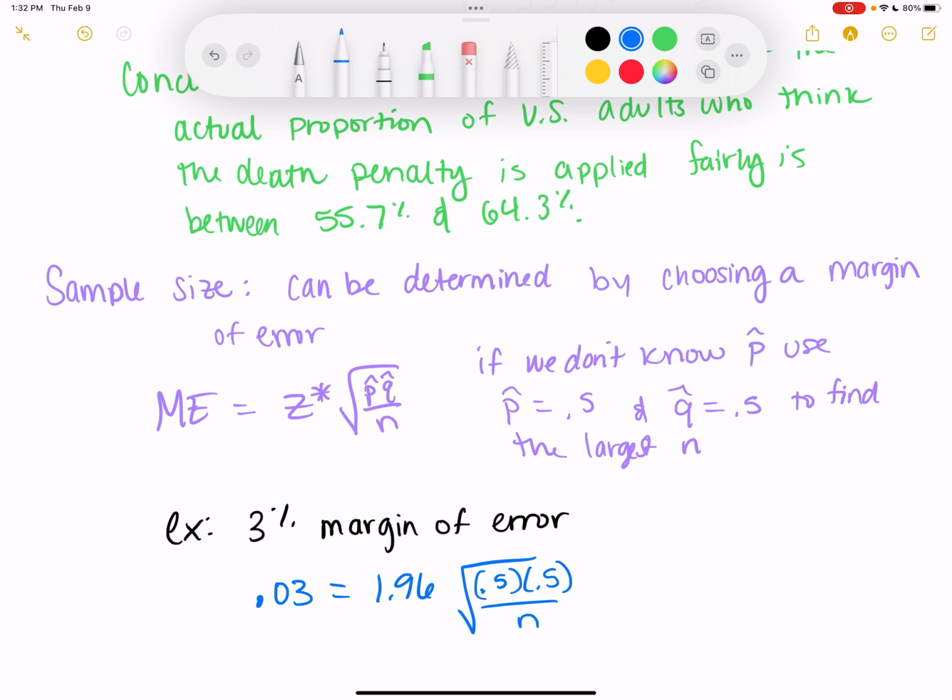Then square both sides, so square that number. Then basically flip the two numbers. Let me do it this way: 0.5 times 0.5 divided by the number we just got. So N would be equal to 1,067.